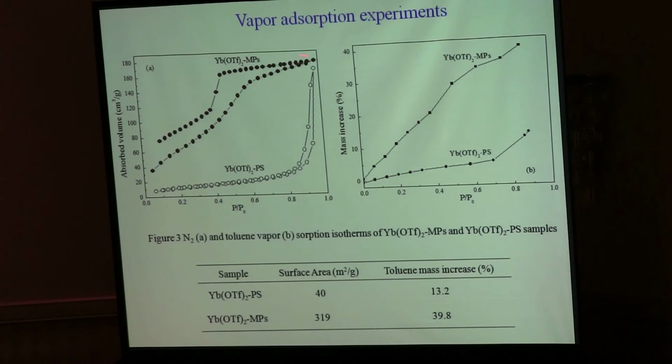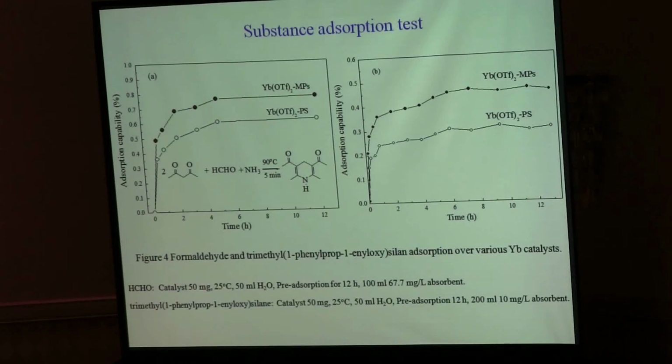We also used the vapor adsorption test to demonstrate that our mesoporous Lewis acid has more hydrophobic surface properties, and it can adsorb a lot of hydrophobic reactant in our system. We also did some substrate studies.